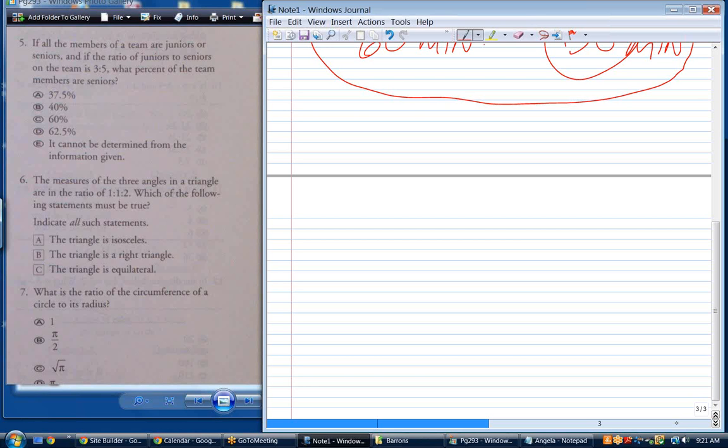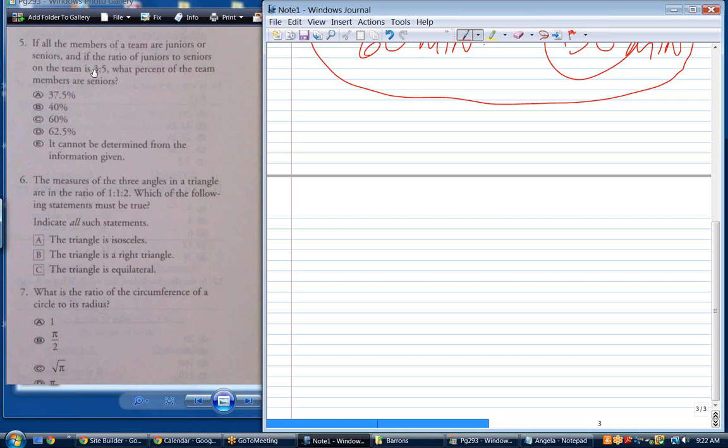Okay, what I'm looking at is, if all the members of the team are juniors or seniors, and the ratio of juniors to seniors on the team is 3 to 5, what percent of the team members are seniors? Would that be 5 over 8? Yes. In other words, the total is always, you just add those up.